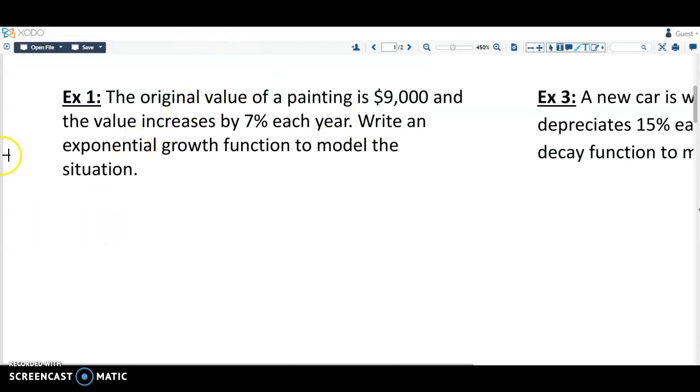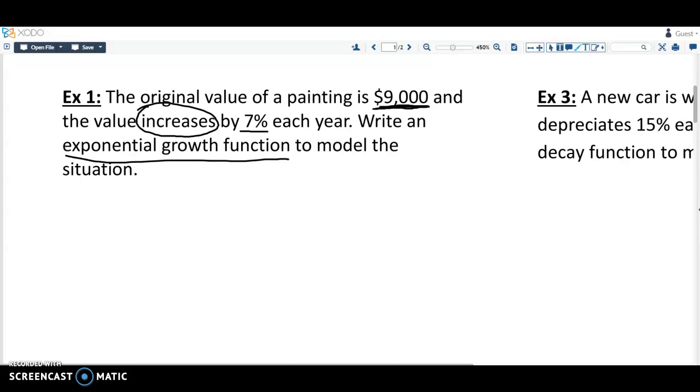So here's example 1. The original value of a painting is $9,000. All right, if I know that's the original value, I'm going to underline that because that tells me something important. And the value increases by 7% each year. Write an exponential growth function to model the situation.